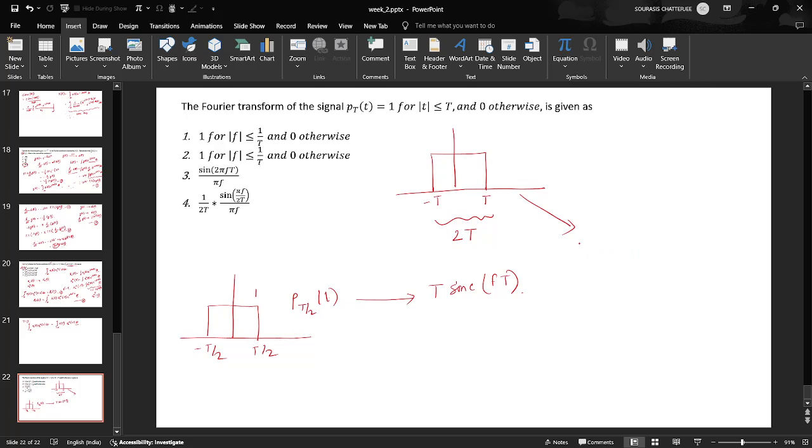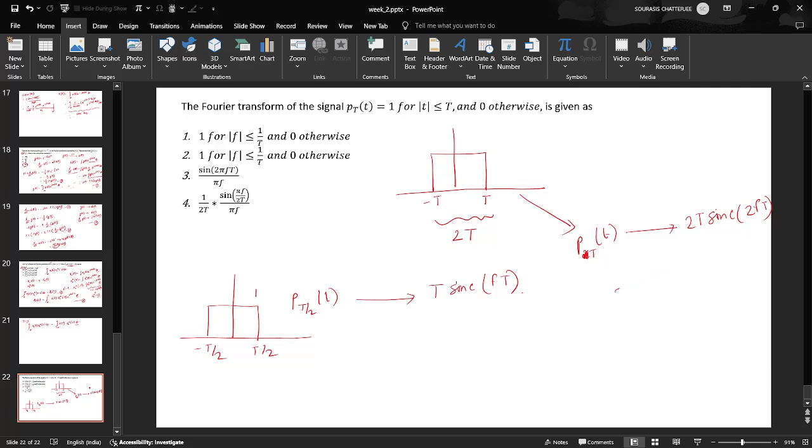So this is p_2t, sorry, p_2t(t), and it will have the following Fourier transform: T will be replaced by 2t, and it will be 2t sinc(2ft).